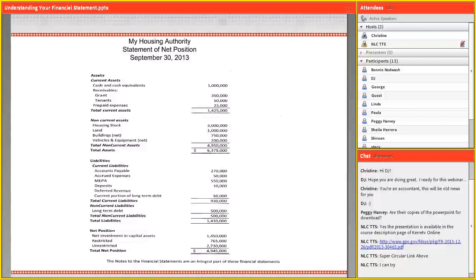Land. Land does not depreciate. It doesn't lose value. It doesn't need to be repaired, replaced, rebuilt. It doesn't come apart. So, again, that stays up, a non-depreciable asset. We always list the rest of our fixed assets at net.